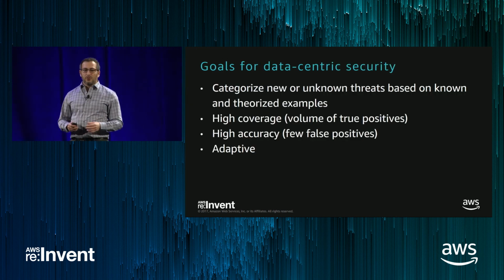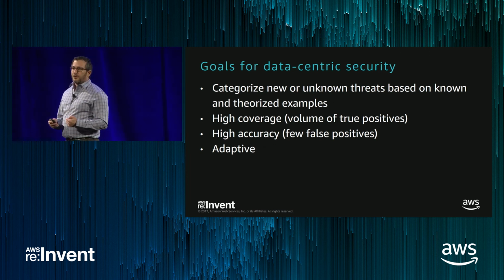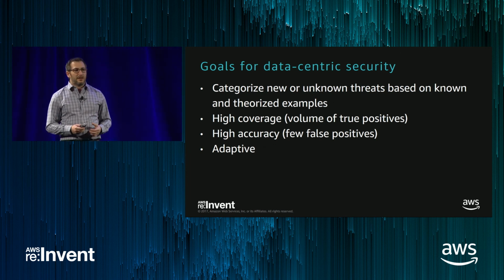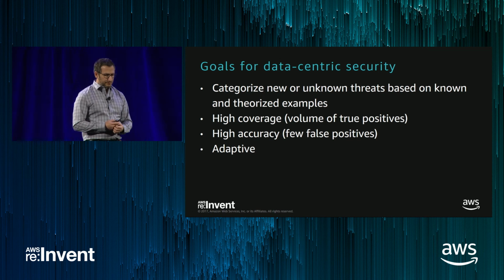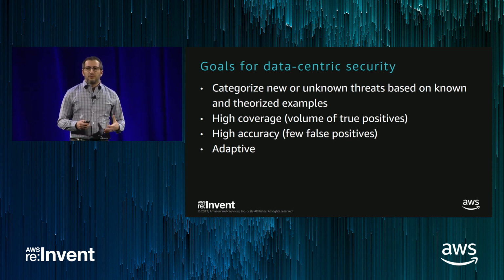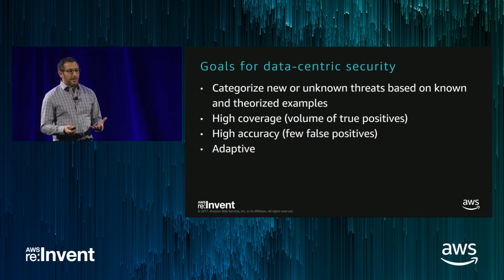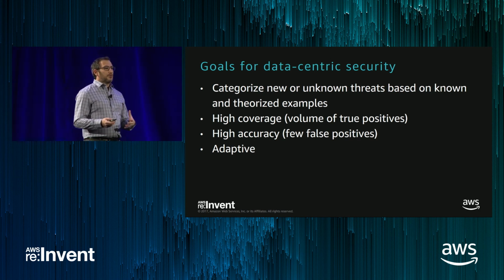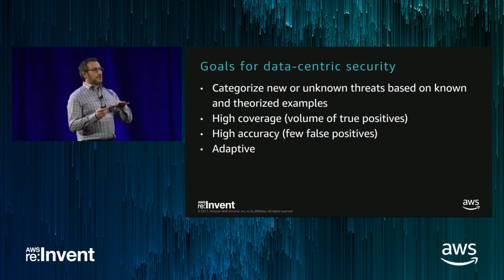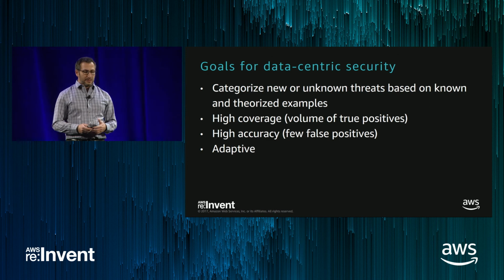So what are the goals for data-centric security? These are the goals that we put for ourselves in order to achieve higher value for our customers. The first one is to try to categorize new and unknown threats, and we base this on known and theorized examples. We know about threats, so we try to detect these threats, and while we're doing this, we learn about new threats and try to protect you against them.